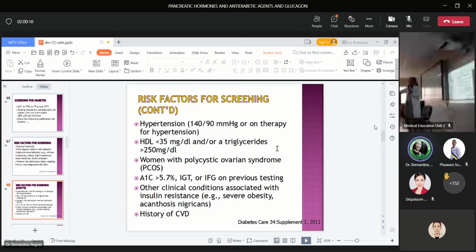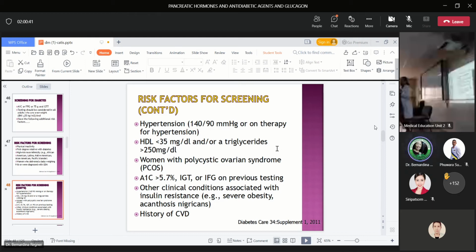Okay, IGT or IFG, impaired glucose on previous testing. What is considered as impaired plasma glucose? Glucose level of how much? More than 100 to 126. These are considered as impaired plasma glucose.